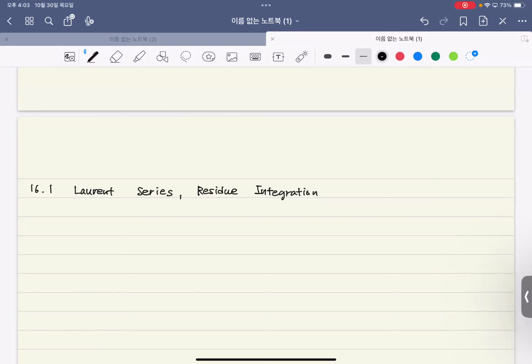However, from time to time, it is required to have a power series expansion, not on this analytic point, but you may want to have your power series representation of the function centered at the singular point.